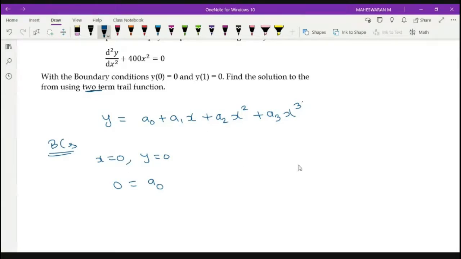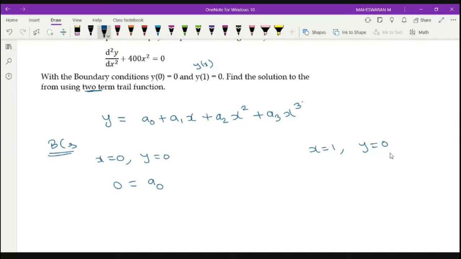Okay, this is good. Next, when x is equal to 1, y is equal to 0. This y of x, don't get confused. I put x is equal to 1, this y of x is equal to 0. That's what the term here. So when I put x is equal to 1, y is 0, right?